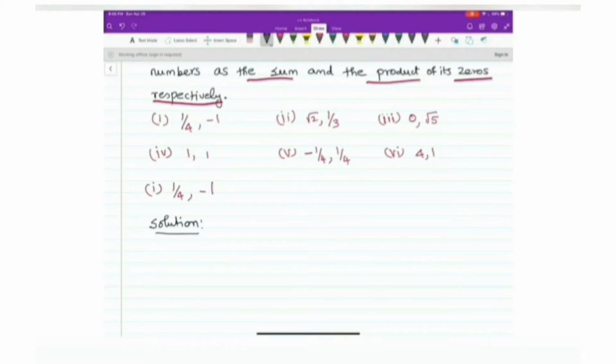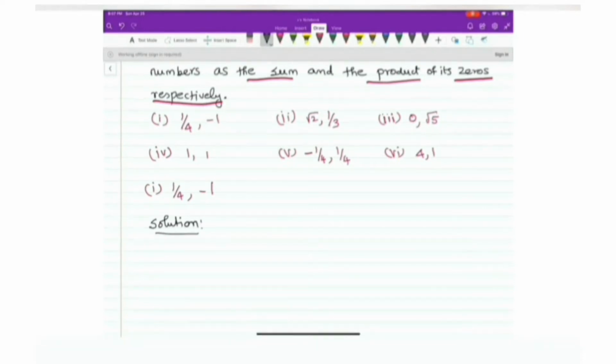If you see my first video, you will get to know, in general, any quadratic polynomial can be written as f of x is equal to k into x square minus sum of zeros into x plus product of zeros, where k is any non-zero real number.